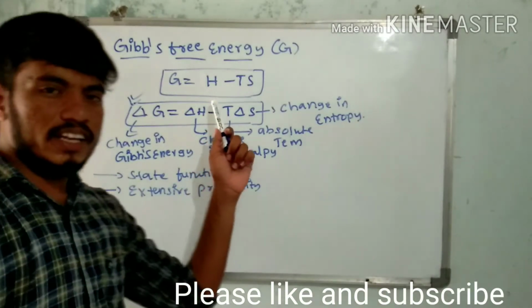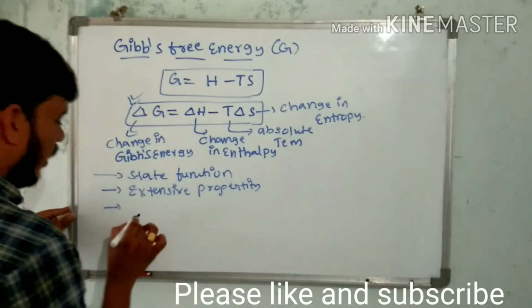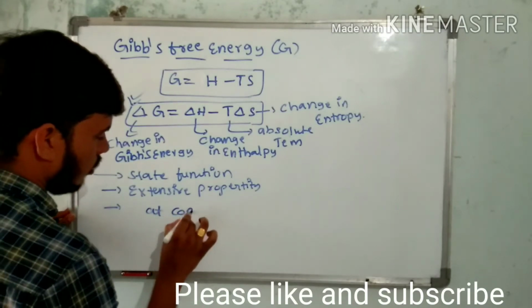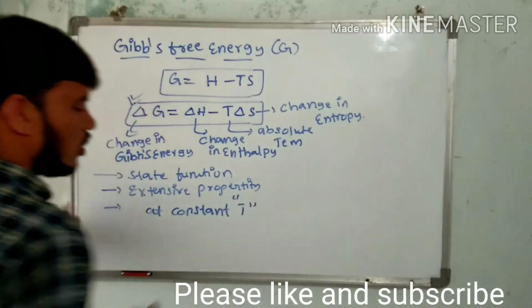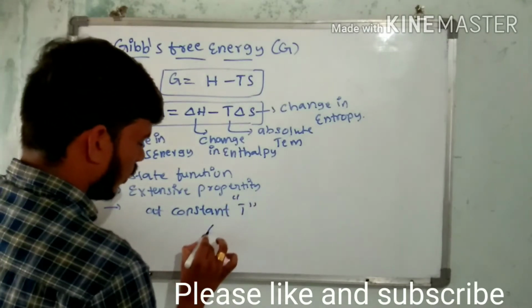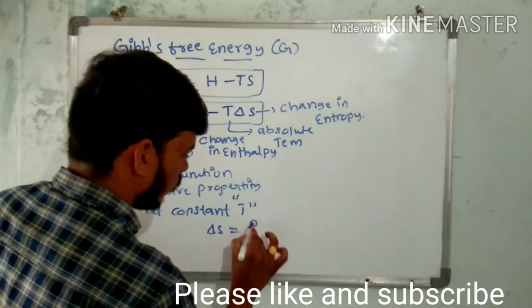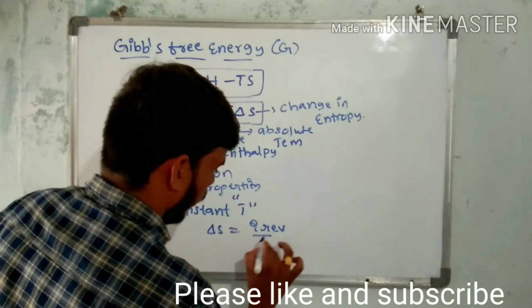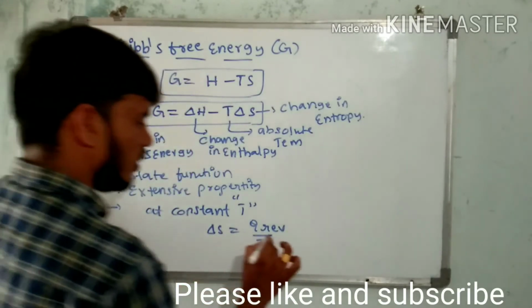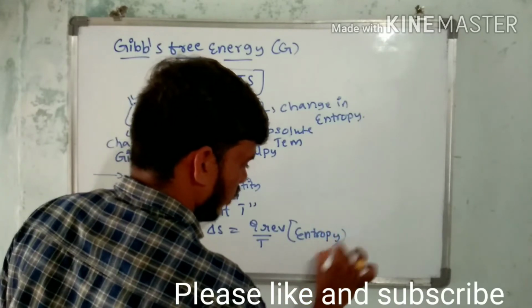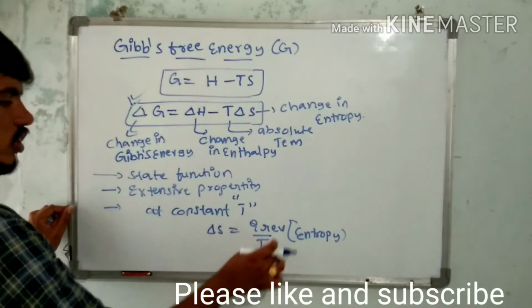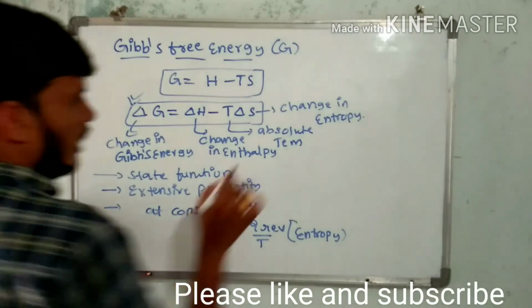But what happened there in this expression at constant temperature? Change in entropy is equal to Q reversible by T. This is the concept of entropy in the second law of thermodynamics. Change in entropy is equal to Q reversible by temperature.